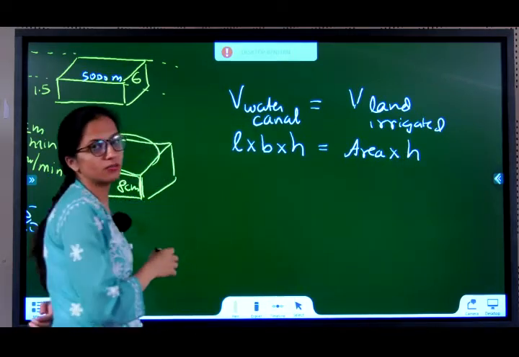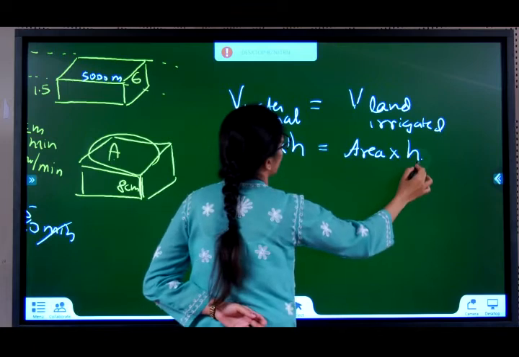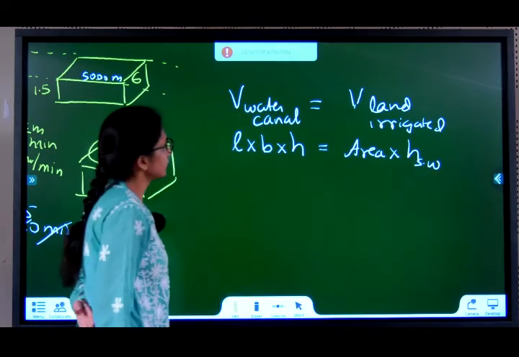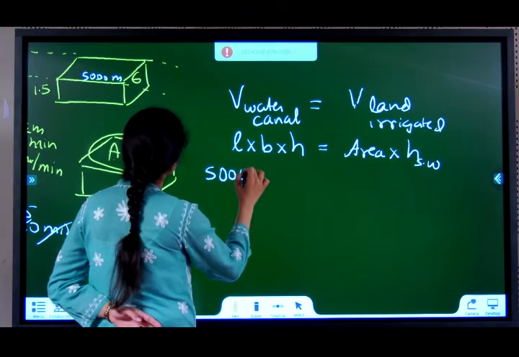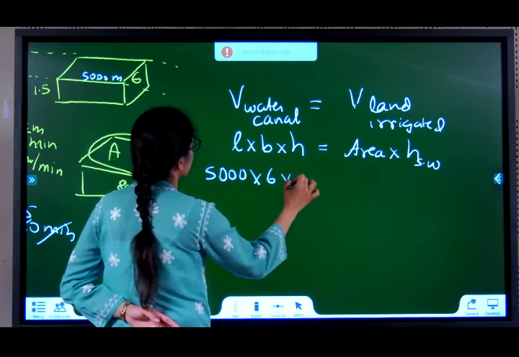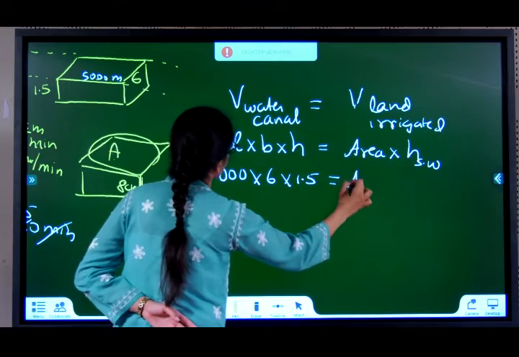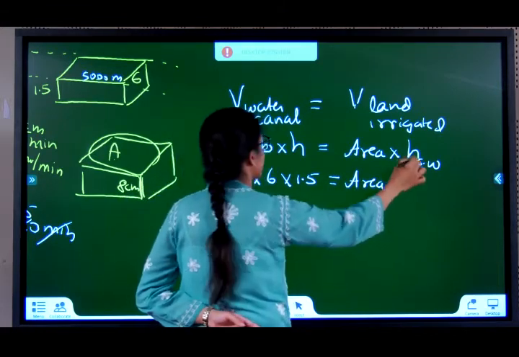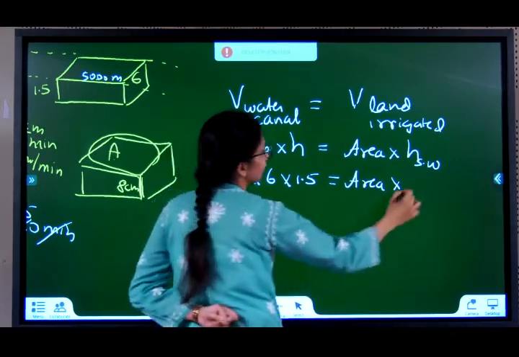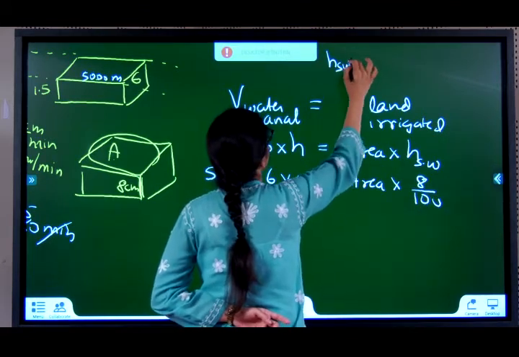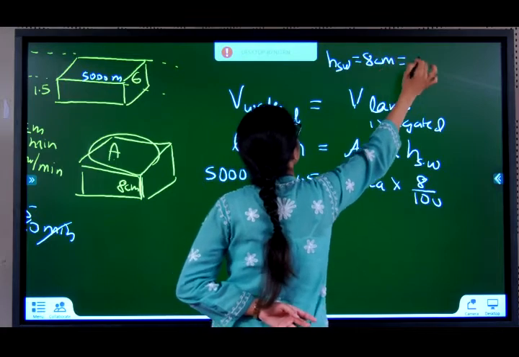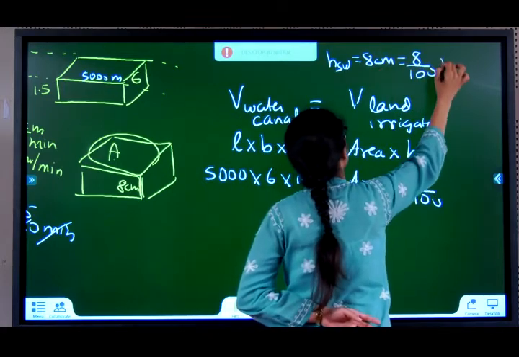This is the height of the standing water. Length into breadth into height, 5,000 into 6 into 1.5 is equal to area into height. Height of standing water is given as 8 centimeter, converted to meter, 8 by 100 meter.